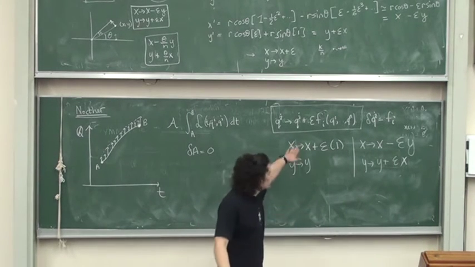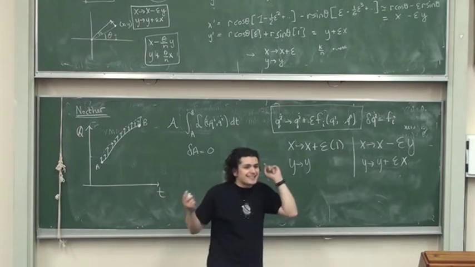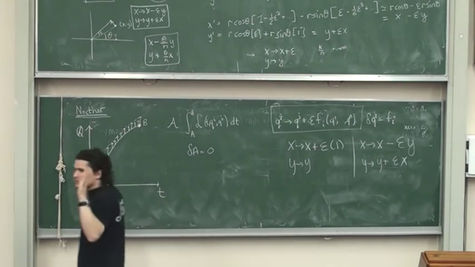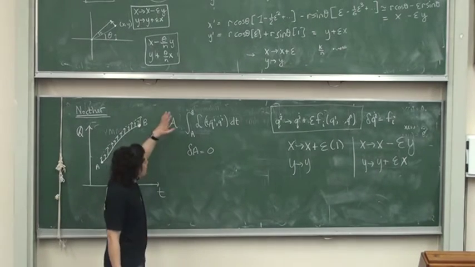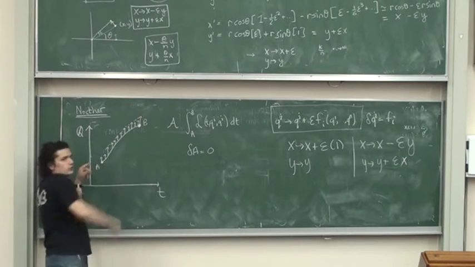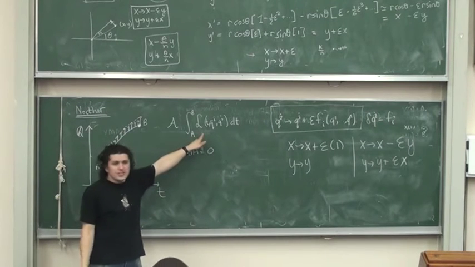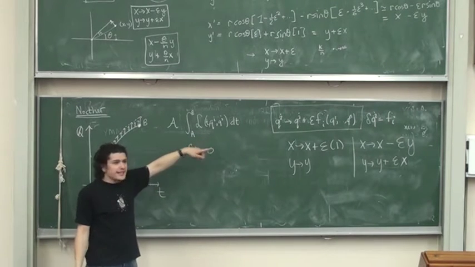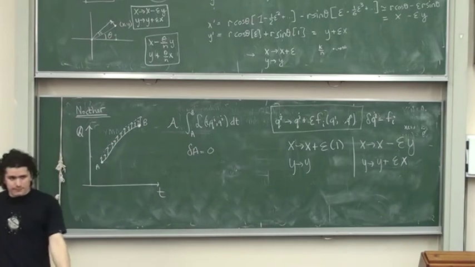It means I do this transformation to the system, and afterwards, it's exactly the same as it was before. What's exactly the same? The Lagrangian is exactly the same. The integral of the Lagrangian, the action, is exactly the same.